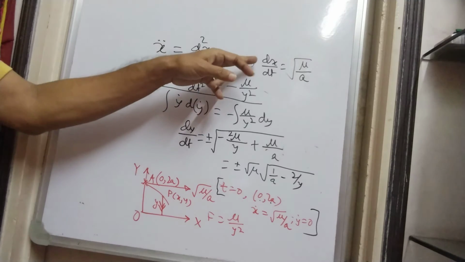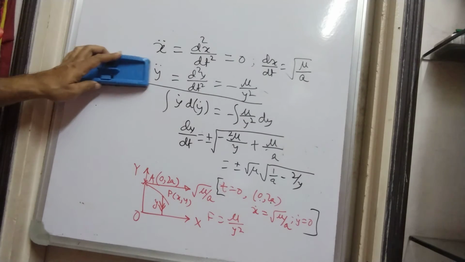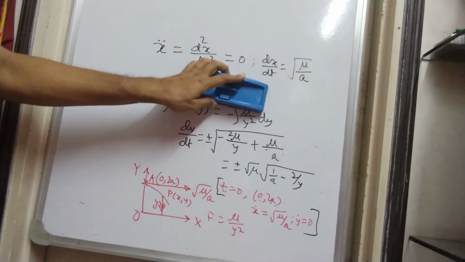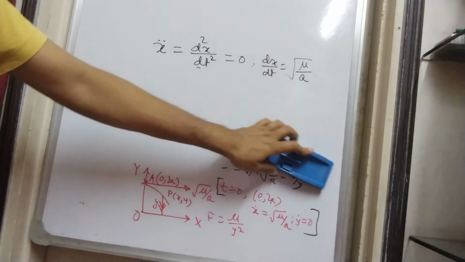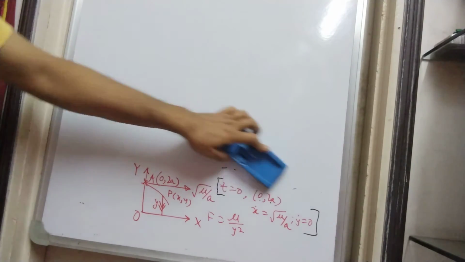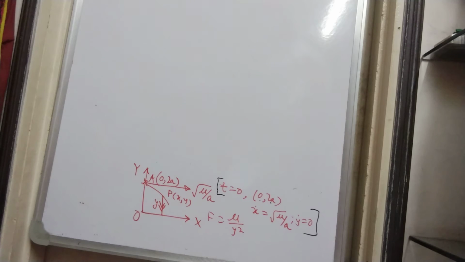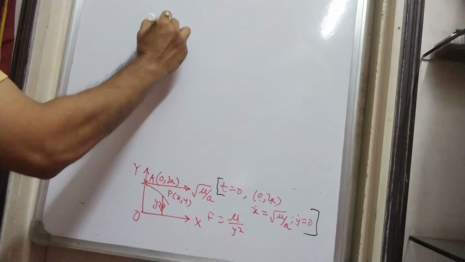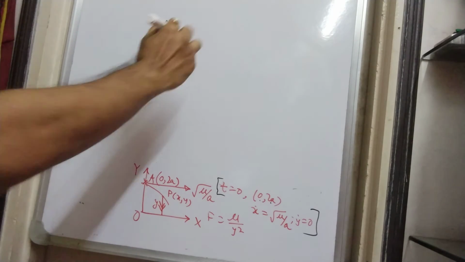We have dx dt as this and dy dt as this. Next, we will have to integrate this. Let me wipe this out, and let us write down the value of dx dt and dy dt, the first integrals of the acceleration. So dx dt is nothing but, is it visible clear? Yes.